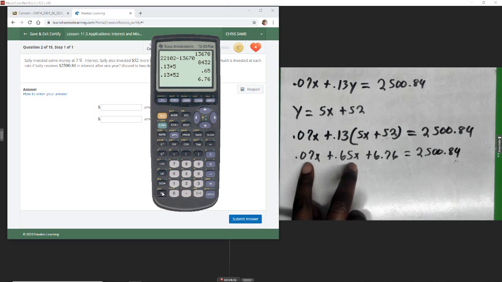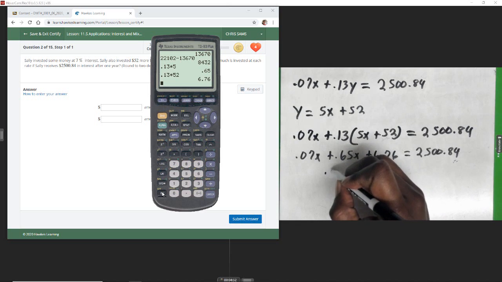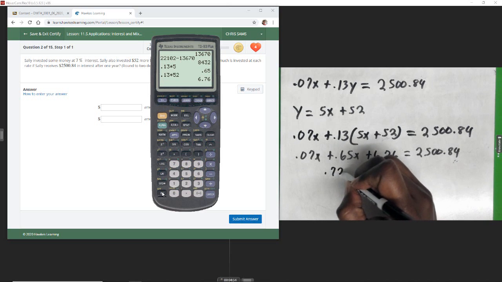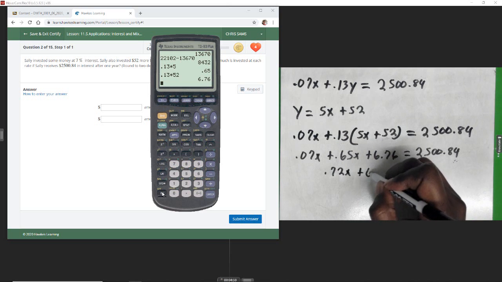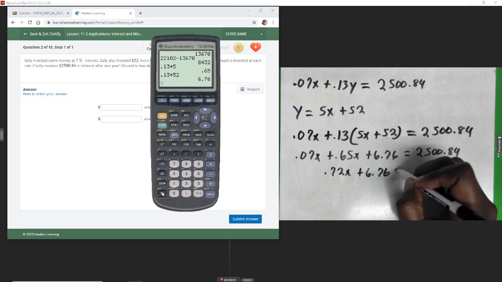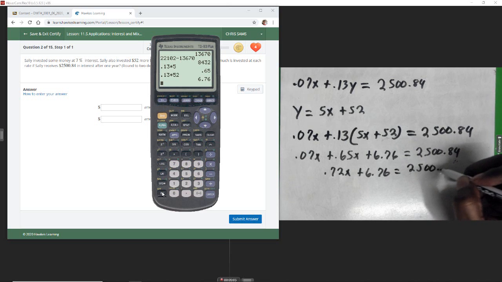All right, so we're going to combine like terms, the 0.07x and 0.65x. That will give us 0.72x plus 6.76 equals the 2,584.